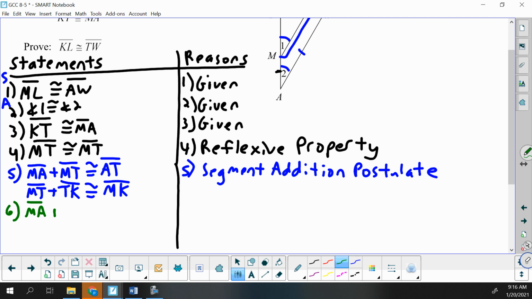So we've got MA plus MT congruent to MT plus TK. And that, remember the 3, 2, 1 for our number of words in our reasons. This should have 2. This is just the addition postulate.